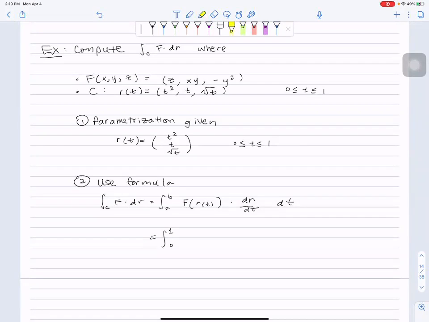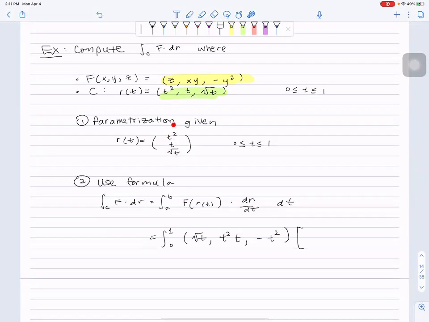We take our function and we plug in our parameterization. So we get square root t, because that's z. xy is going to be t squared times t. y squared is going to be t squared. That's our function with the parameterization plugged in.